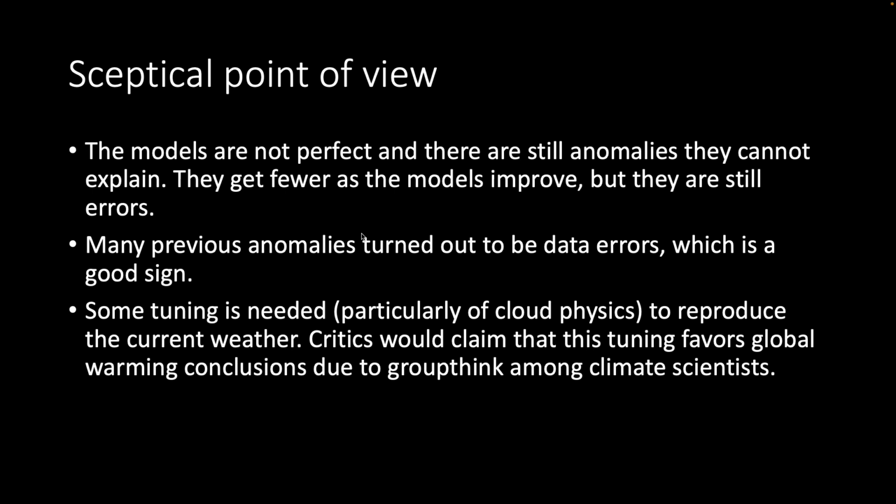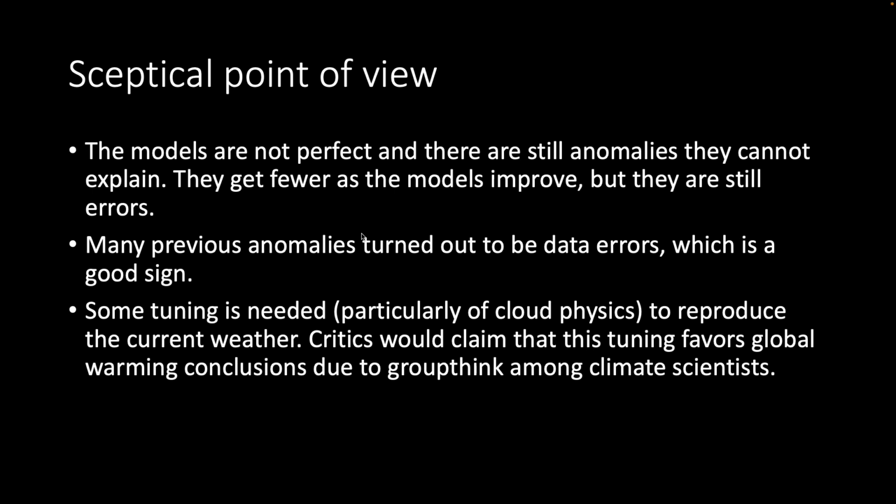There have been a few cases where there seemed to be a real problem, a contrast between what models were predicting and what was actually observed, and they discovered the observations were wrong. The theorists just couldn't tweak their models to explain the observation, and it turned out that someone had made stuff up in the measurements, which is actually a good sign. It means that they can't twist the models out of shape to explain fake data.